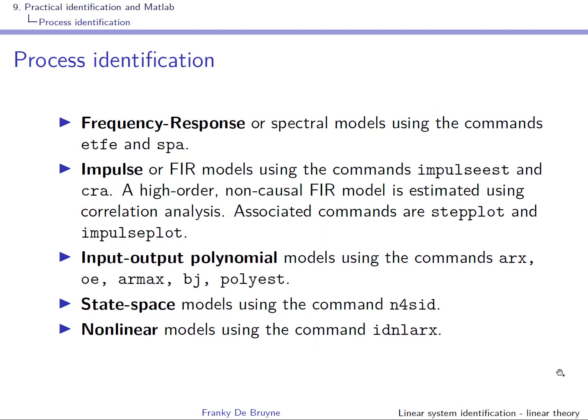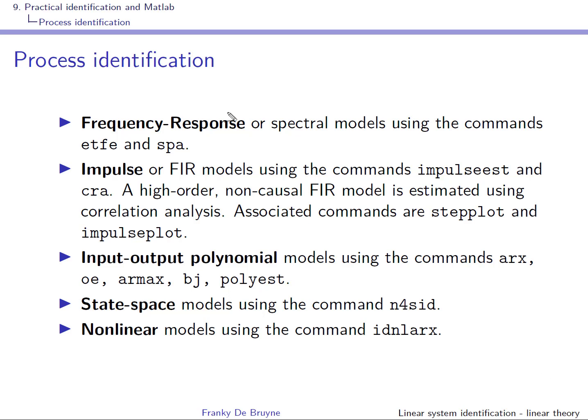Well, there are several commands that you can use for process identification if you're interested in a spectral representation of the model, so a frequency response model. This is a part that we have skipped here in the course, this section on non-parametric methods.